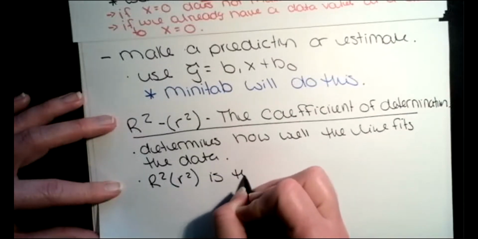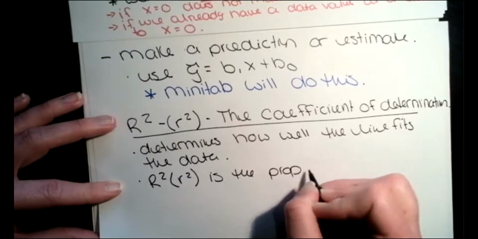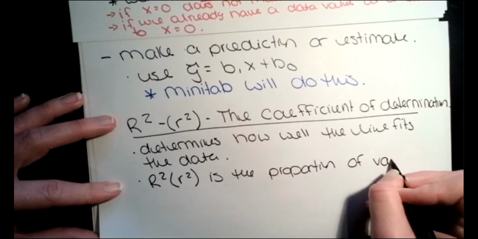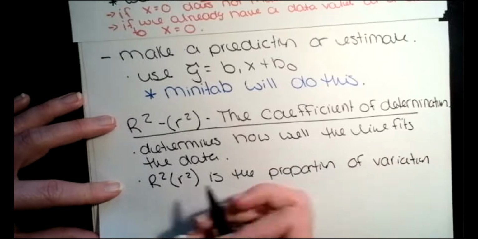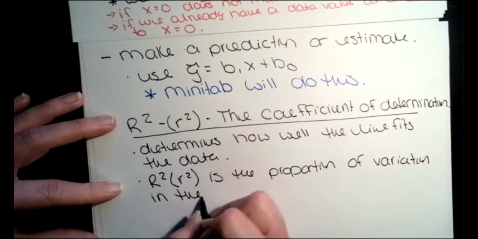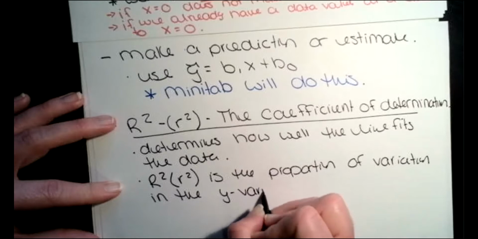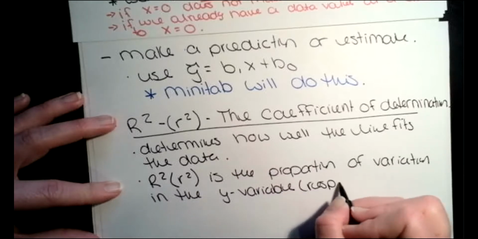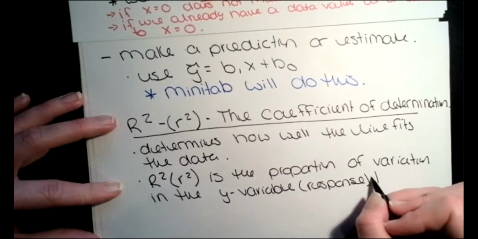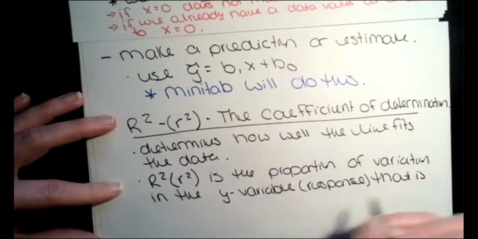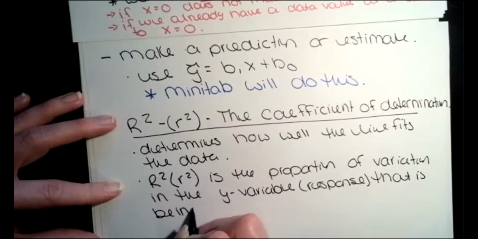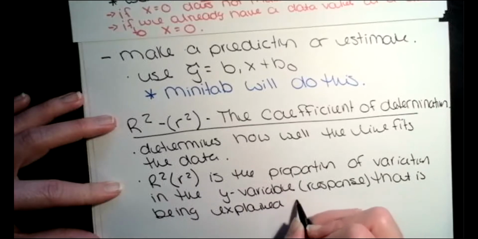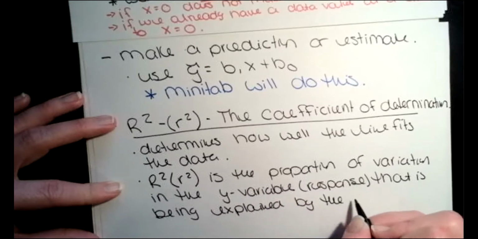So this is the proportion or the percentage of variation in that y variable, my response, that is being explained by the line.